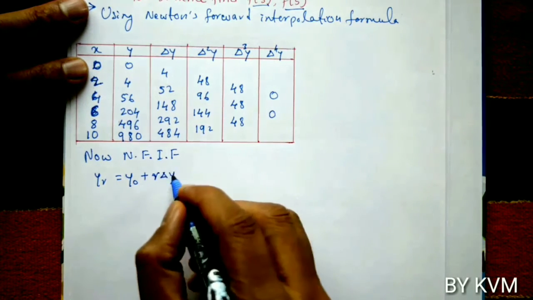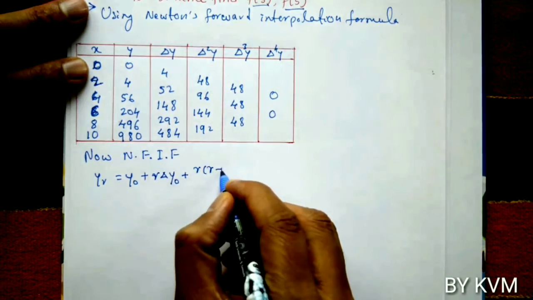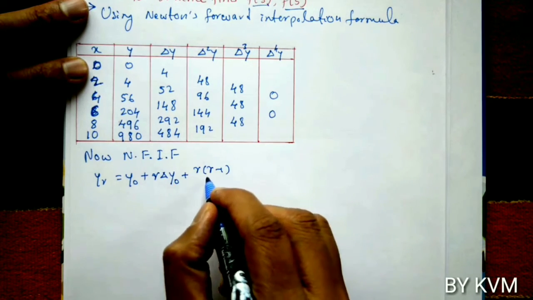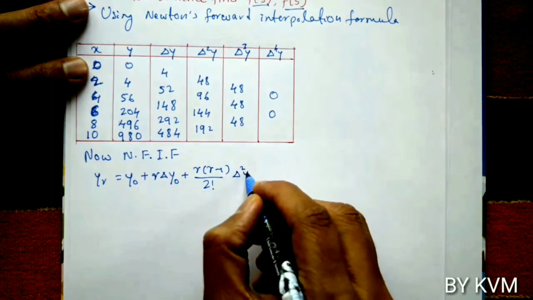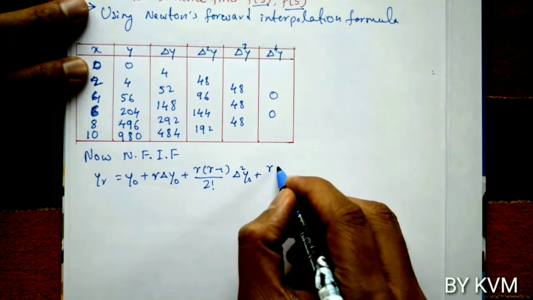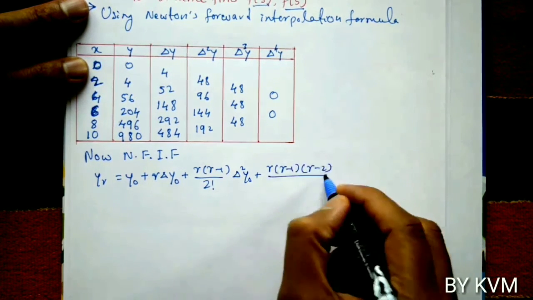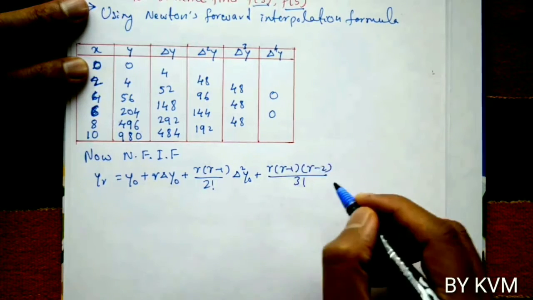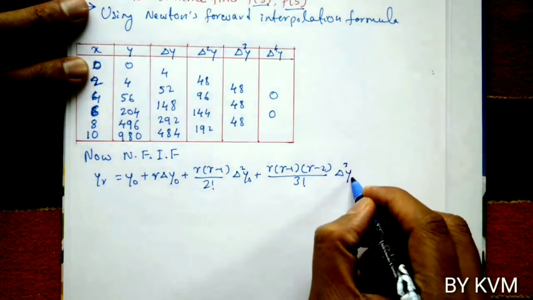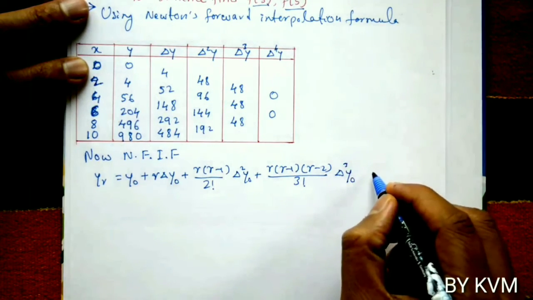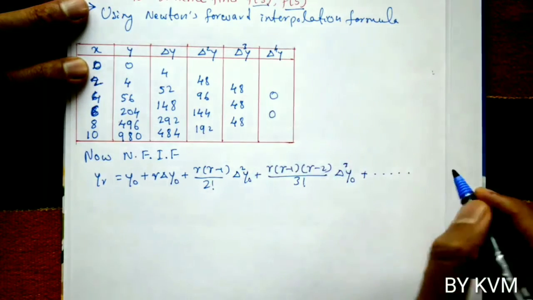So now the formula is y r equals y naught plus r into delta y naught plus r into r minus 1 by 2 factorial into delta square y naught plus r into r minus 1 into r minus 2 by 3 factorial delta cube y naught.